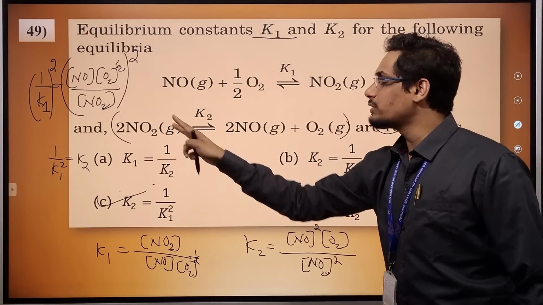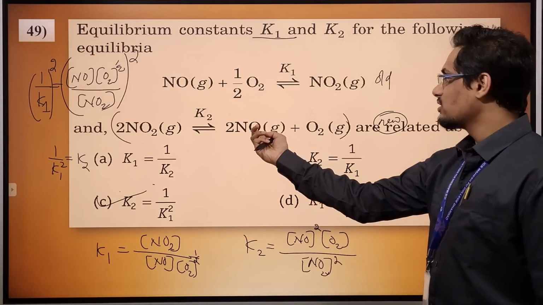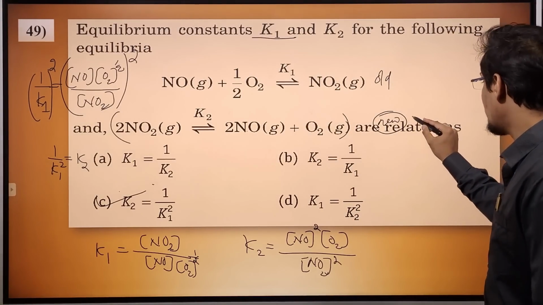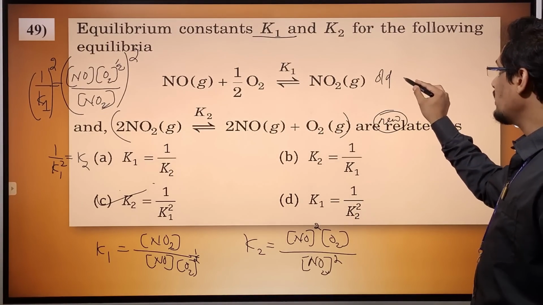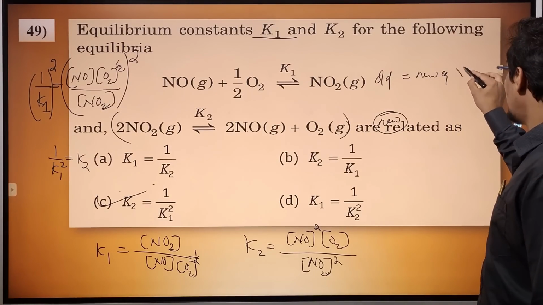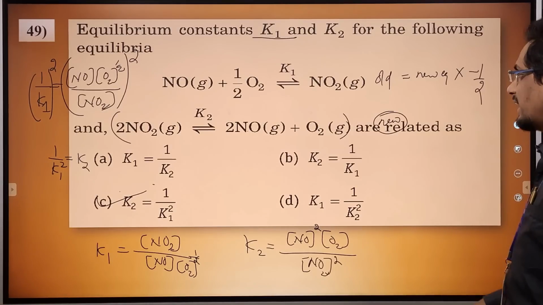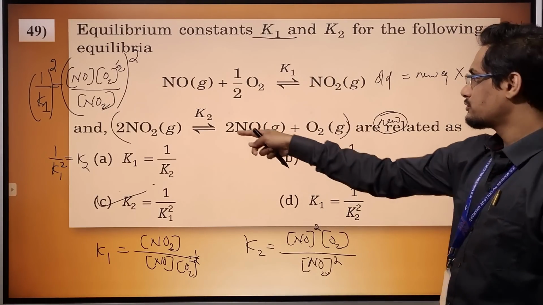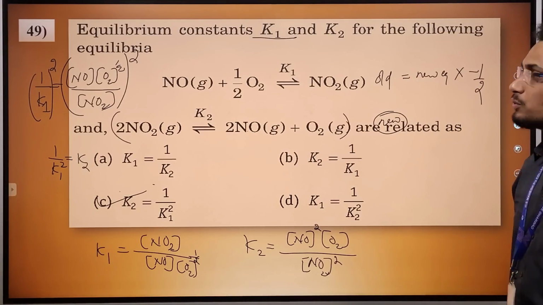Then I should reverse it, because here it is on the product side, there it is on the reactant side. Old equation I will get when I multiply the new equation by minus 1 by 2, right? Minus sign is for switching it and 1 by 2 is because I should divide everything by 2.